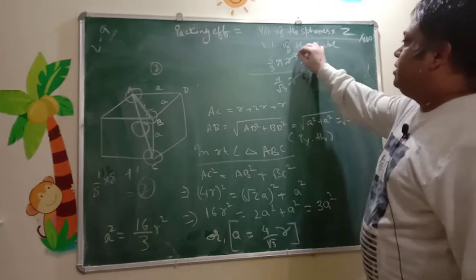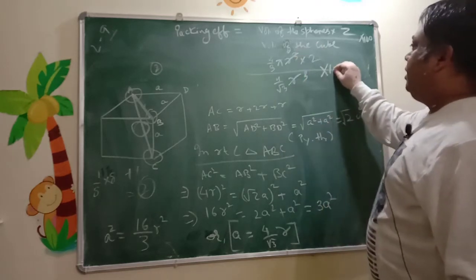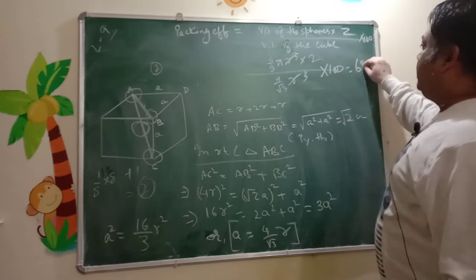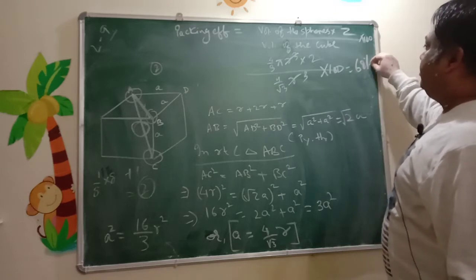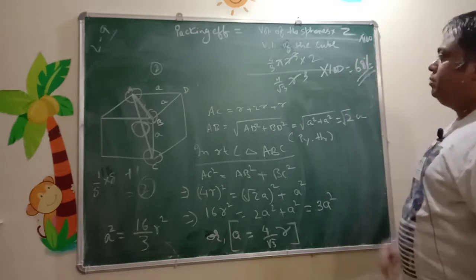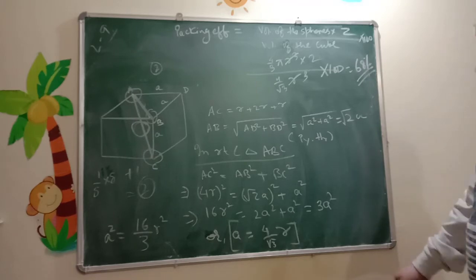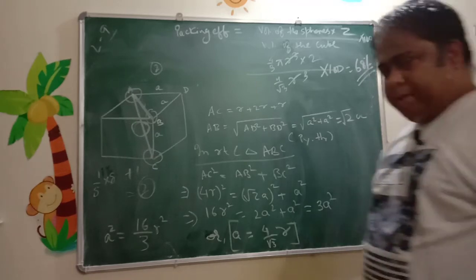This will be cancelled and rest all constants will be there, into 100 will be equal to 68%. That is it. So we have seen, let us summarize this now.